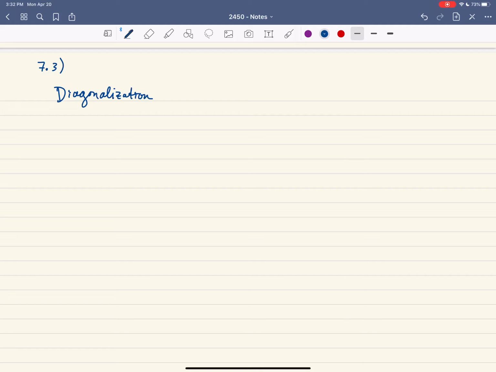And one of the things that I was really hoping for our semester, and I was trying really hard to get slightly ahead so that I had a few days to do this, is there's an application of diagonalization that's called singular value decomposition.